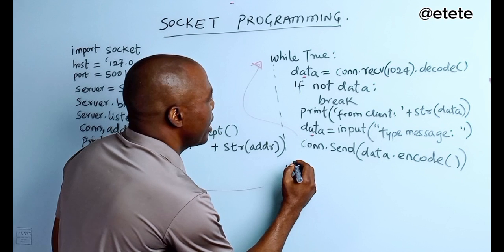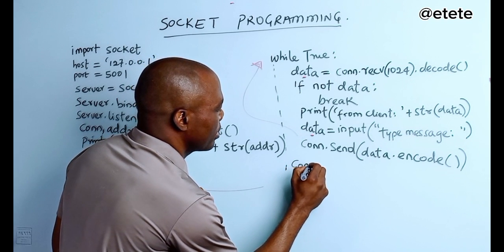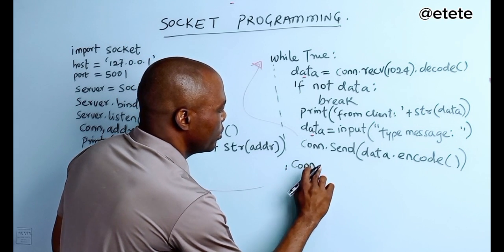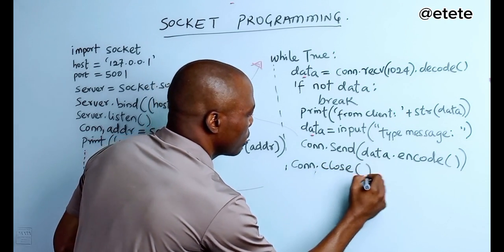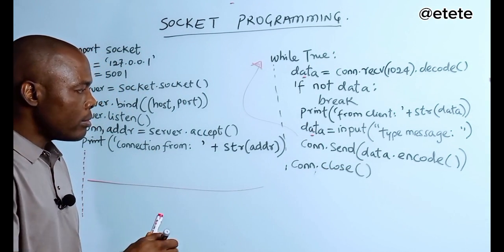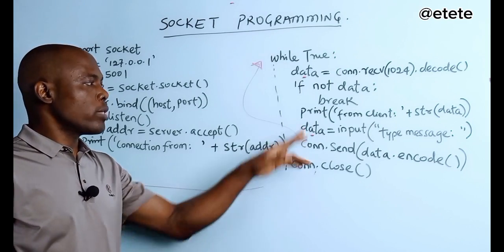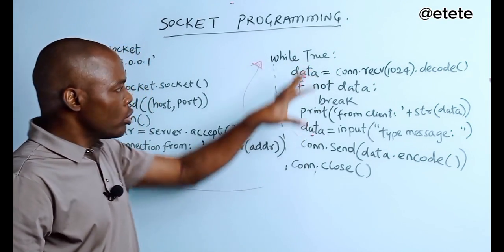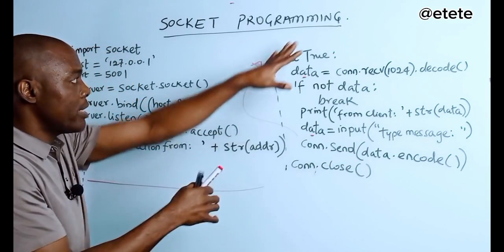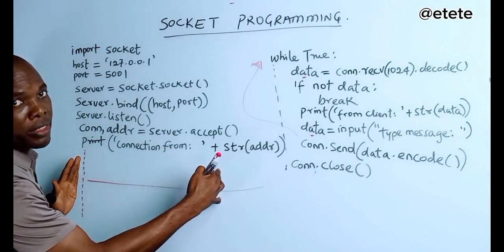Here, it will say connect, which is what? This object dot close. Now that is the end. So connect dot close. You can see this one is not inside this loop. It's on the same line as the while loop. So everything that is here should be under this place.